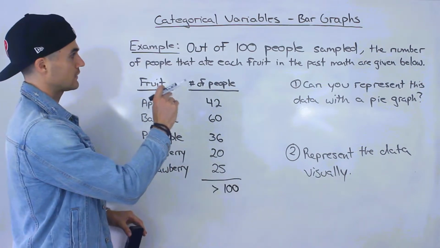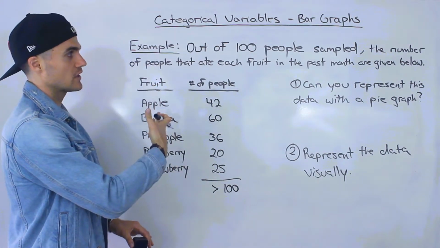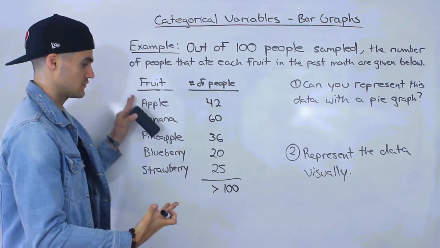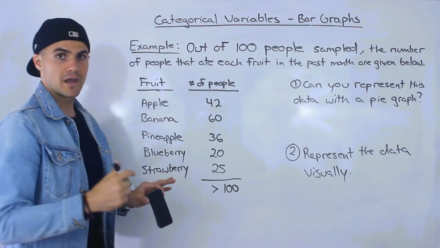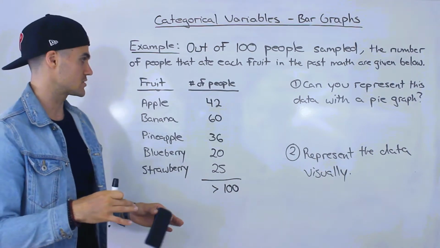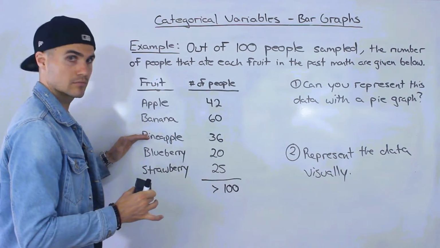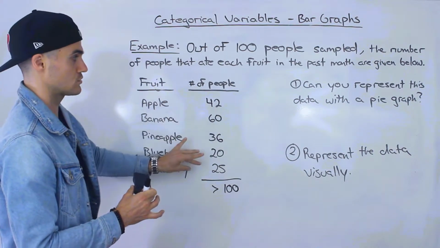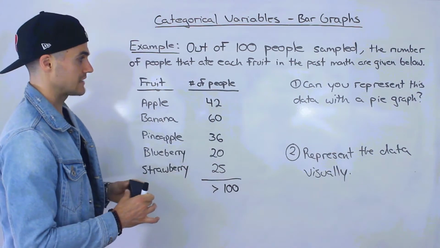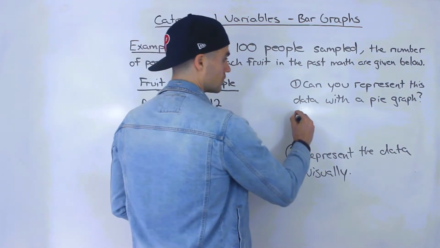Well, if you read carefully, we're looking at the number of people that ate each fruit in the past month. But people can eat more than one fruit in the past month. So there may be people that ate an apple, a banana, and a pineapple, and so they would go into each category. And so the answer to this is no.